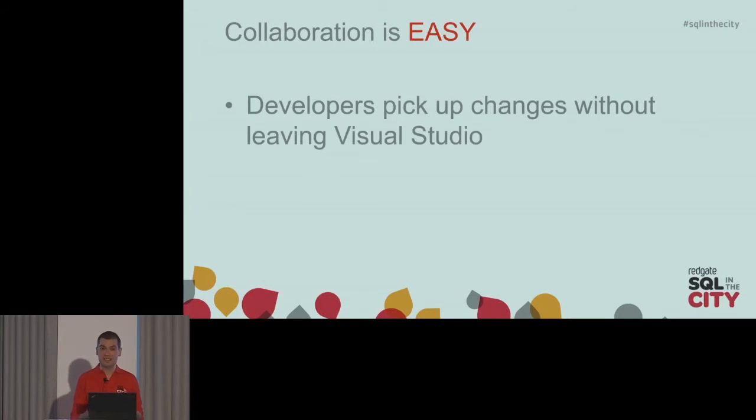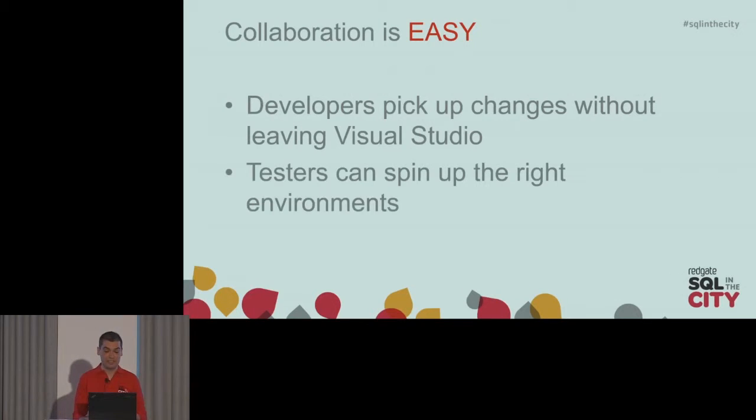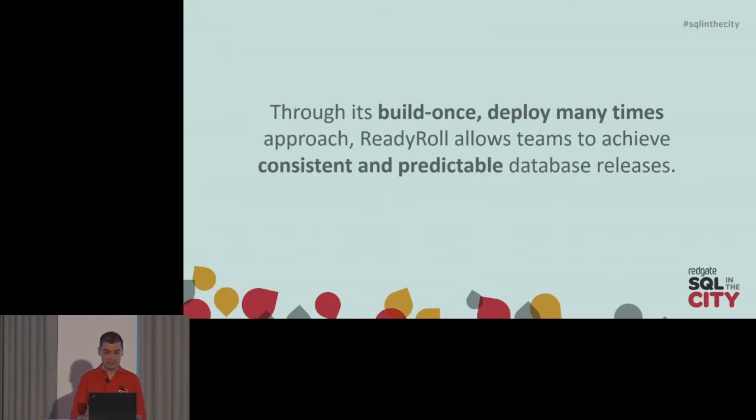I've also showed that individual objects can be edited within the Visual Studio IDE for those who prefer just working in that environment. Or for those who still like to work in a connected sort of way, there's a workflow that's supported for that as well. And if we went through the example of merging two sets of changes.